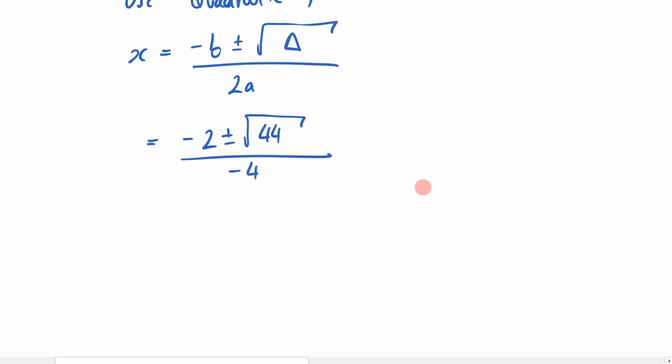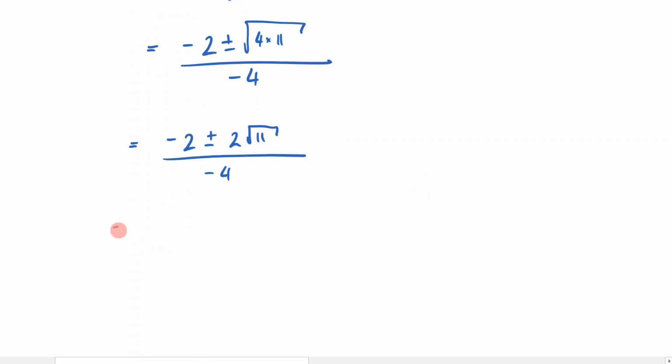Once I've done that, what am I going to do next? Well, I know that the square root of 44, that's the same thing as 4 times 11, in which case I could go the square root of 4 is 2, and just be left with that. Now, it's important that I do that now, because it's quite clear that I can take 2 out of this. And I can take a negative out as well. So what I'm going to do is I'm going to take out negative 2.